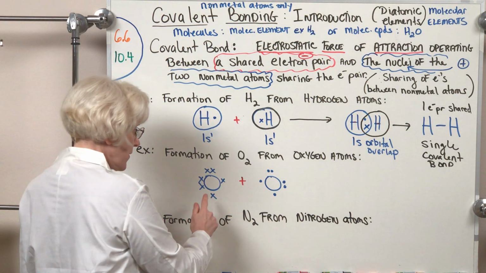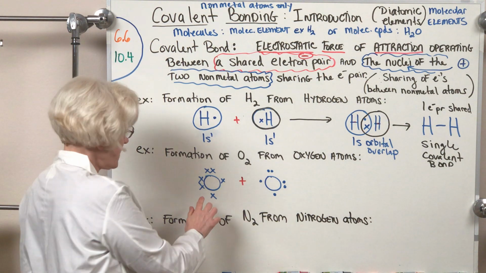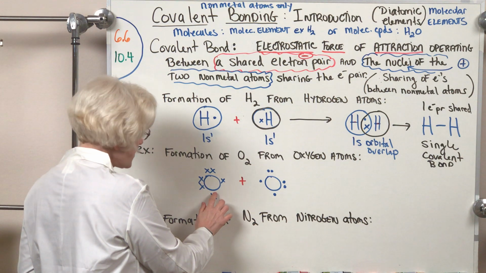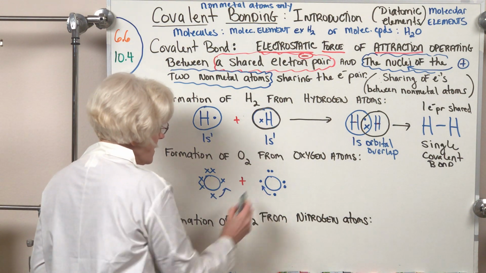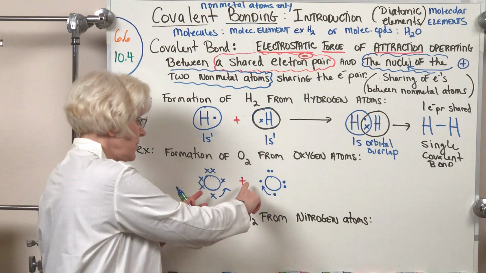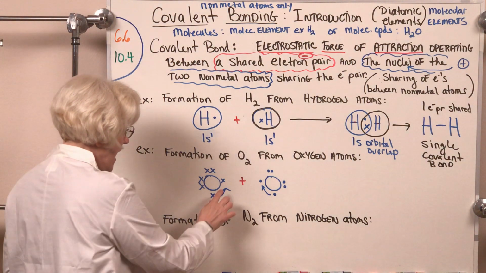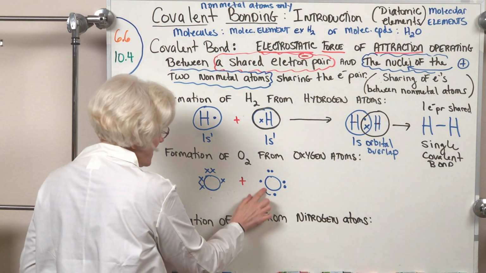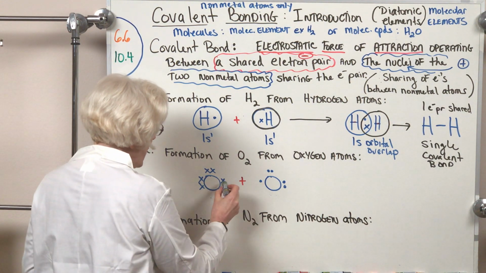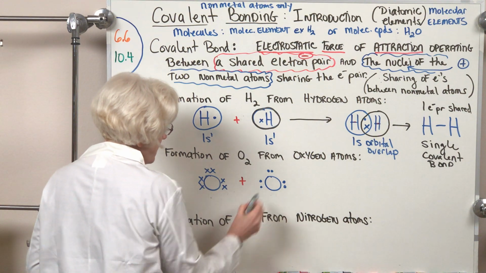So remember, we can play around with these Lewis dot structures, these electron dot structures a little bit. And so I am going to move electrons and pair them up here and draw a picture like this. And why am I doing that?